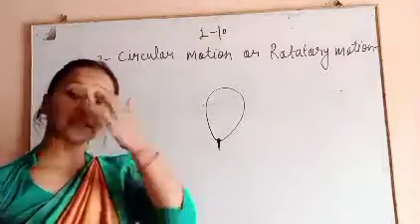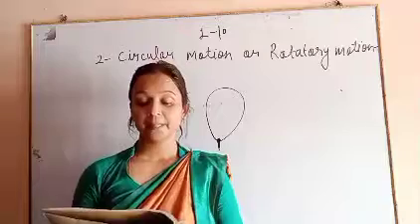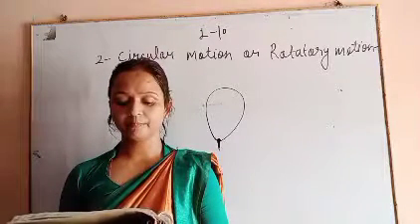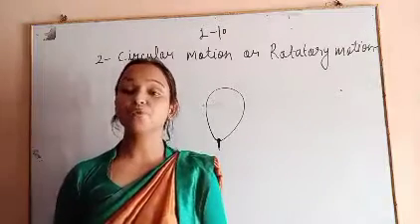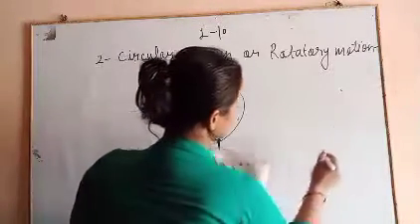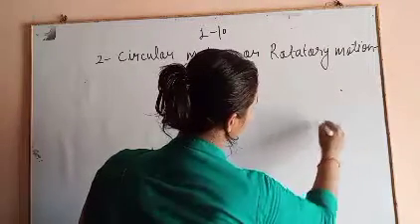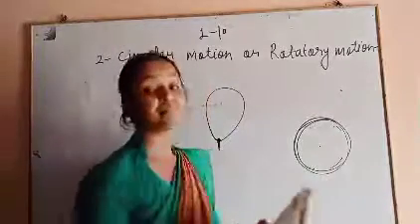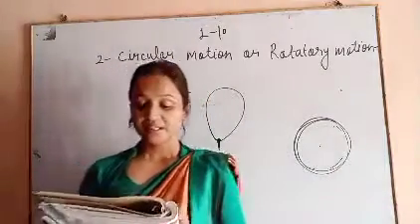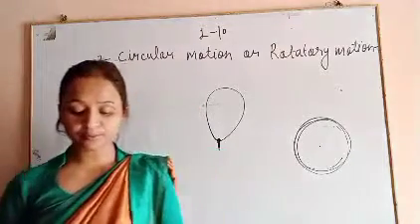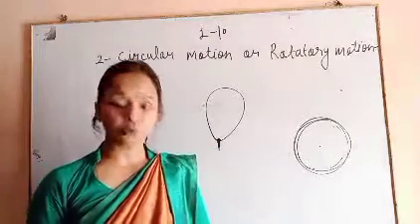Just like if we switch on a table fan, what do you notice? The blades of the fan start moving in a circular direction about a fixed axis. This is the fan and it will move like this in its fixed axis, and such a motion is called rotatory motion.